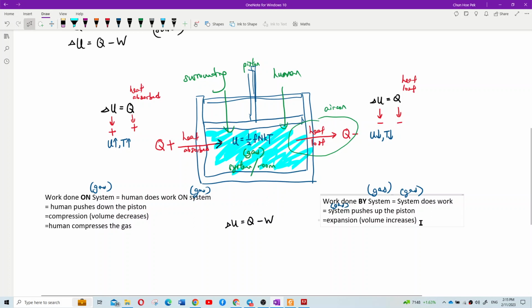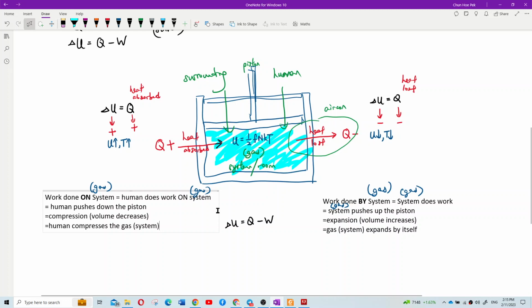And then this one is the gas expands. The gas expands by itself, because it is work done by gas, work done by system. Compresses the gas, compresses the system. Is that clear enough, class? I think it's clear enough, right?